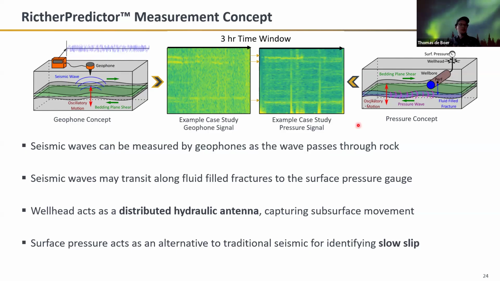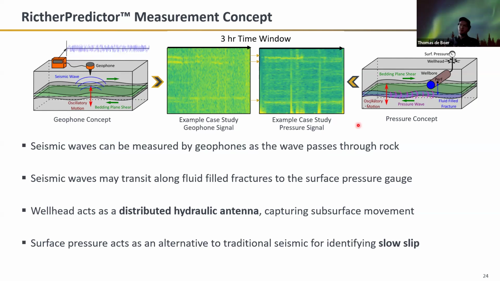And this validates that what we're seeing within our pressure is a true physical signal that is coming from the subsurface. This has been documented in various studies over the years, particularly those out of University of Calgary. And we've also been able to validate this with this raw data.